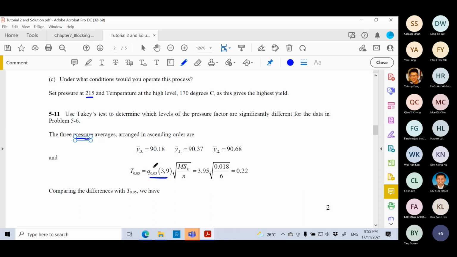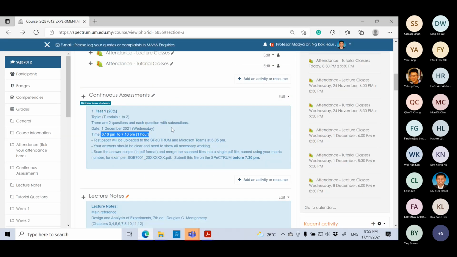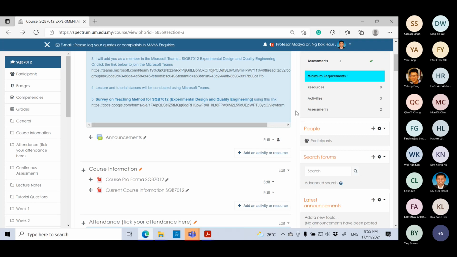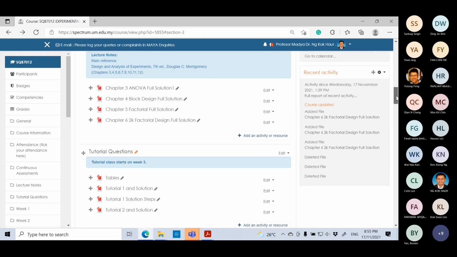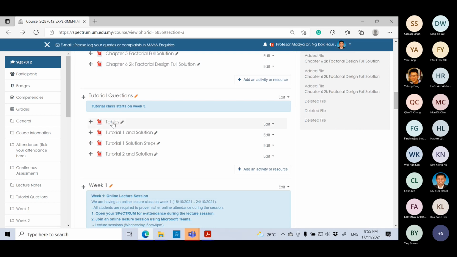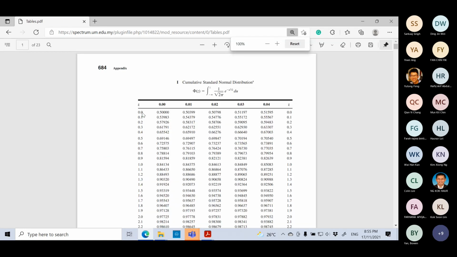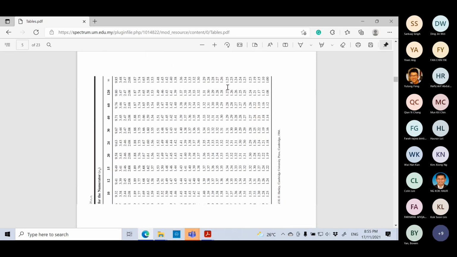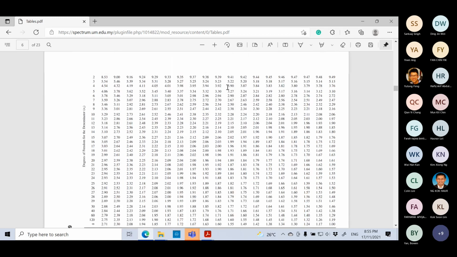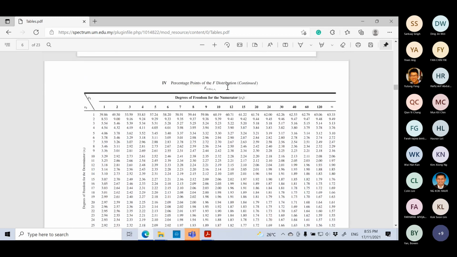The table I have attached in the statistics tables, if I'm not mistaken, I have put it here. So you can use the Tukey tables. The Tukey table is not this one, it's Q1.